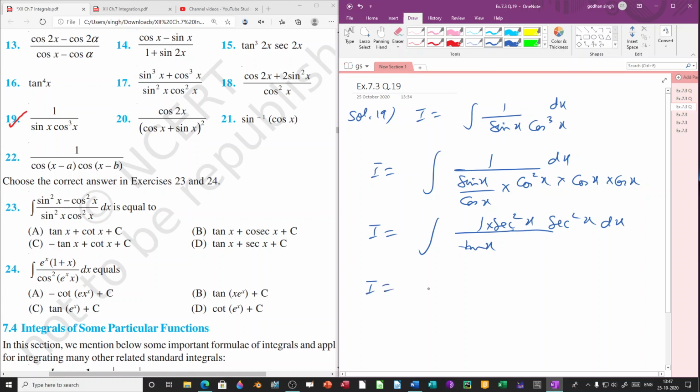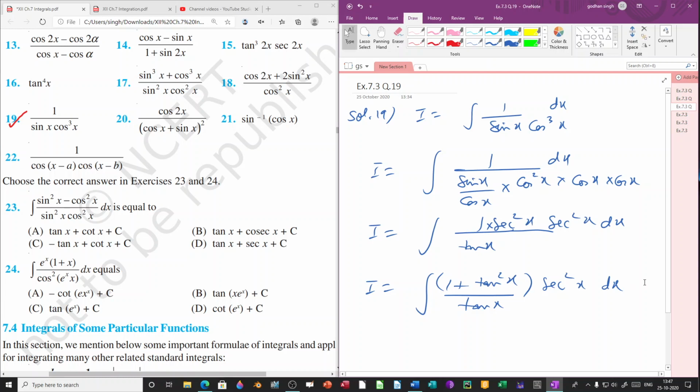We know that differentiation of tan x is sec square x. But we need only one sec square x, so we'll rewrite the numerator as 1 plus tan square x over tan x into sec square x dx.